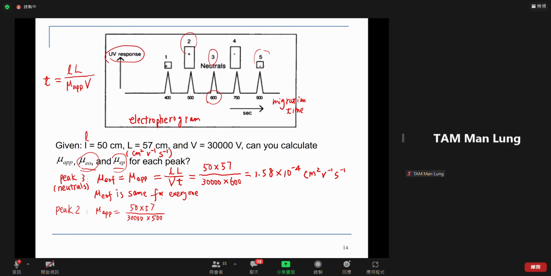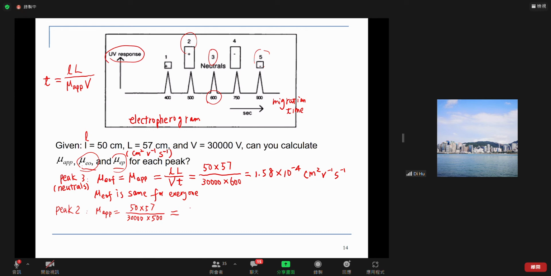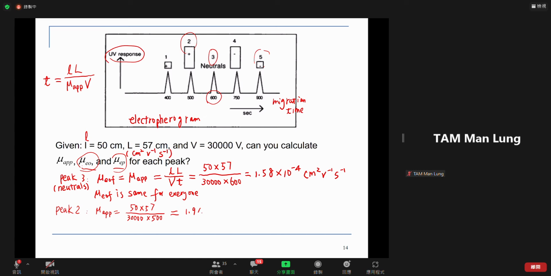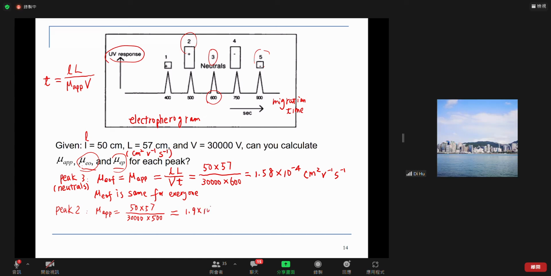So we get the apparent mobility is 1.9 times 10 to the minus 4th, right? I'm not writing the unit first now, and you add the unit.